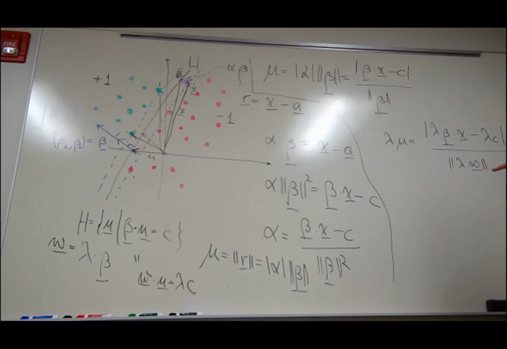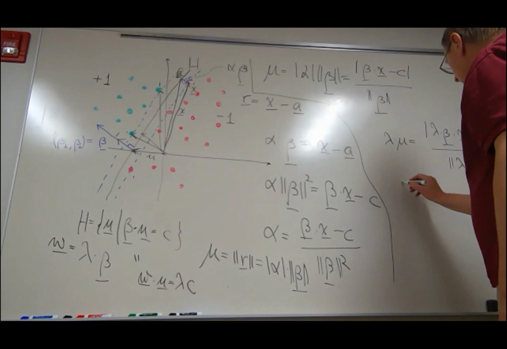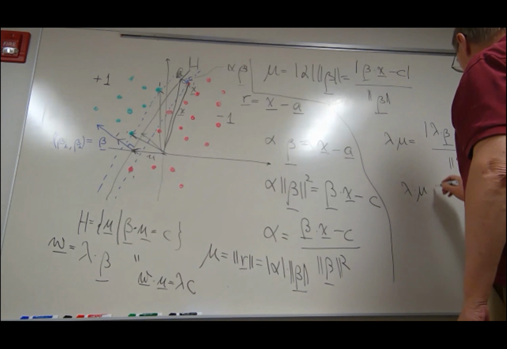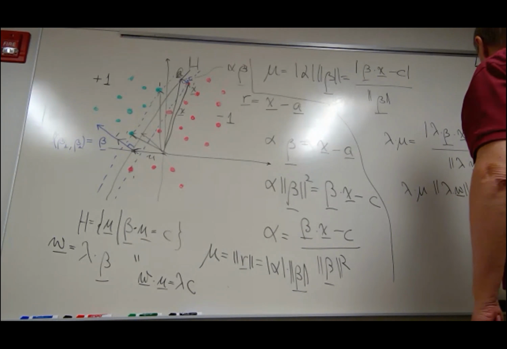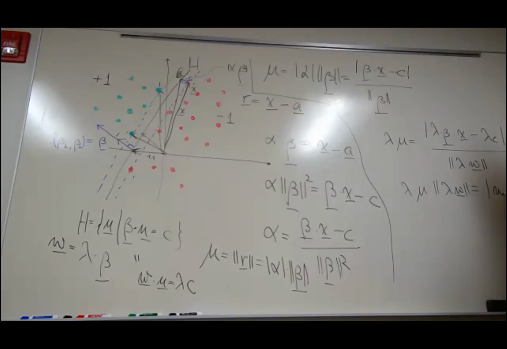So I can write this as lambda times mu times lambda w is equal to w dot x minus lambda c. This lambda c I'll call c prime.